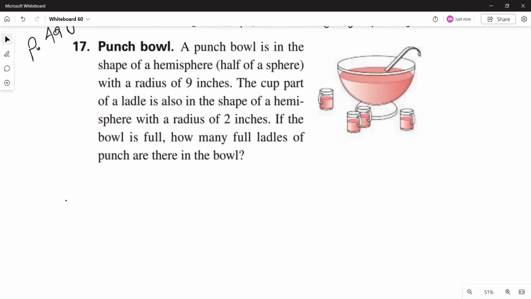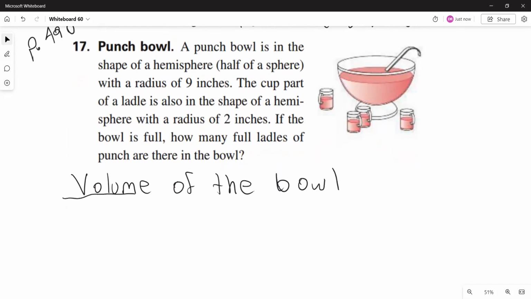Okay, so we're going to find the volume of the ball. It's in the shape of a hemisphere. The radius is 9 inches. So the volume is going to be half of a sphere.